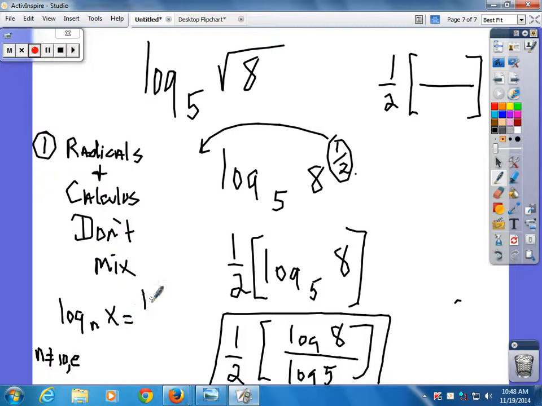And that would be log of x over log of n.